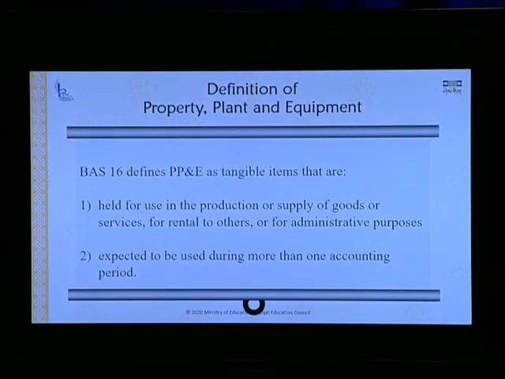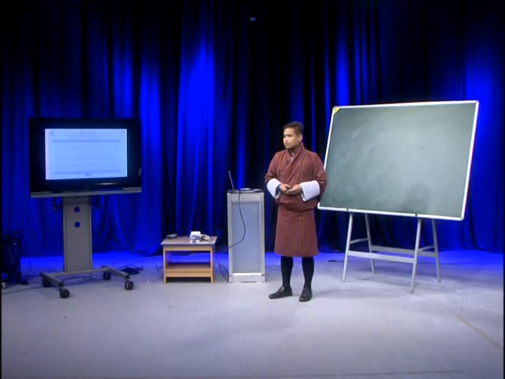Maybe in factories with the help of machines they will produce goods, or it could be for supply of goods or services. Maybe the company will use buildings. If they have any retail outlet to sell goods, they might use building, or they might use their delivery vehicles for the delivery of goods, or it is also used for rental to others.